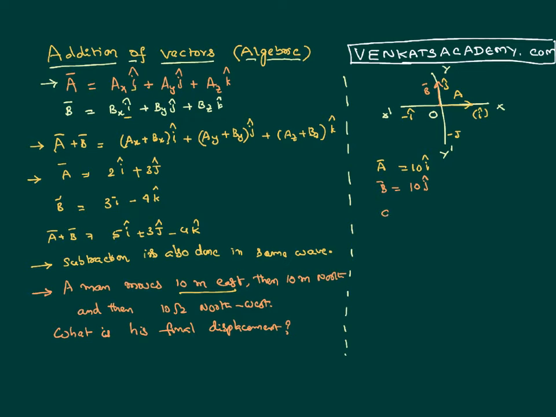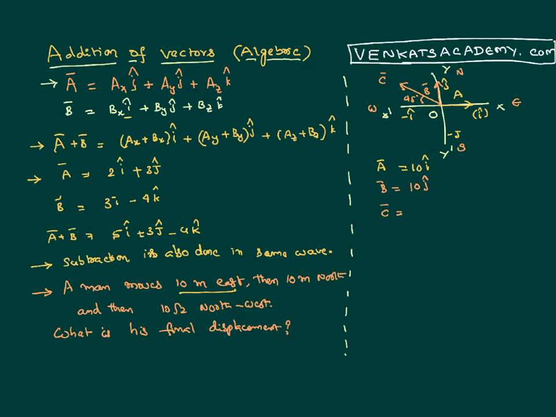Then he has taken a third direction, that is 10 root 2 north and west. This is east as per our graph, this is west, this is north, this is south, and he is exactly in between north and west like this. This is your C bar. He is making an angle of 45 degrees because it's northwest.